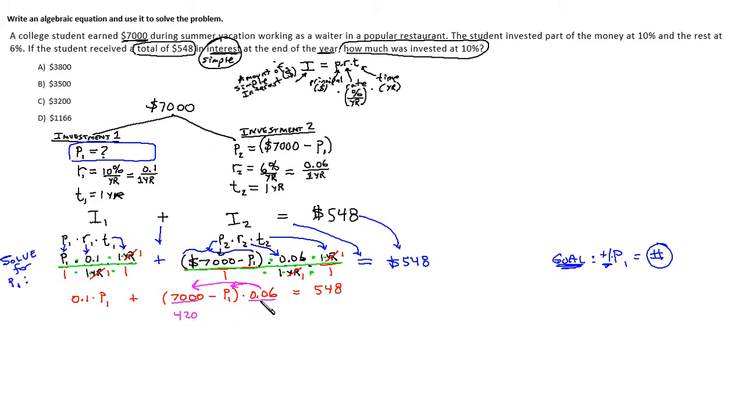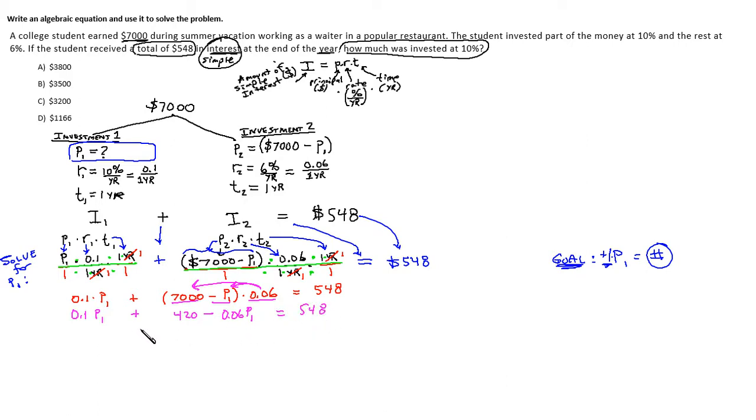And of course, positive times negative makes negative. 0.06 times P1, 0.06 P1. Okay, there's what we get from distributing to each of these two terms. Now, plus 0.1 P1 equals 548.